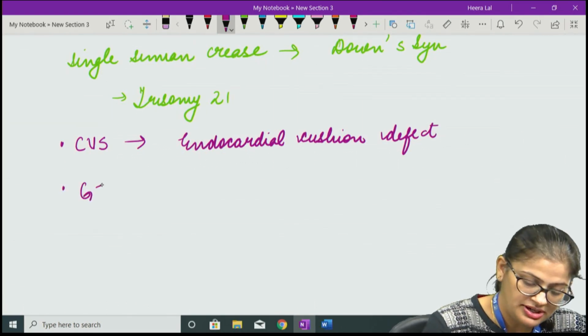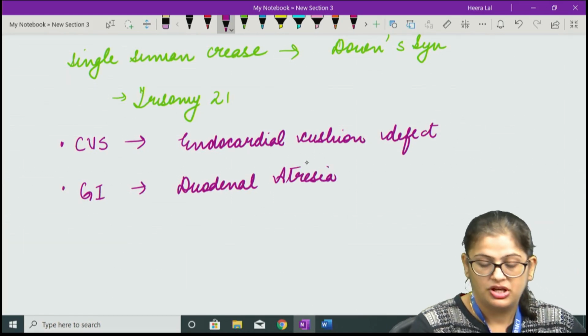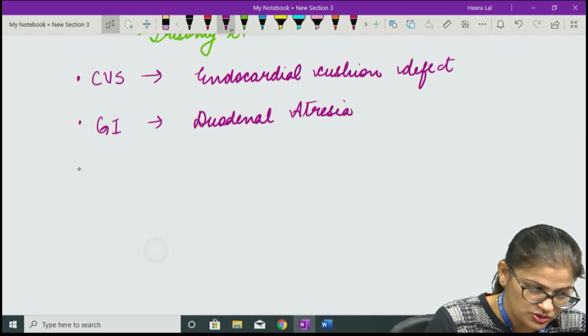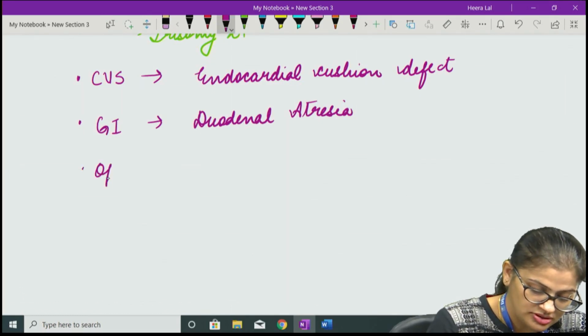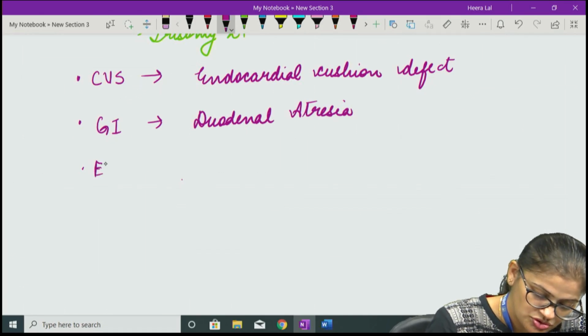In the GI tract, often in the neonatal period, duodenal atresia or atresias of other parts may result. Apart from that, in the eye you can have an increased risk of cataract and nystagmus.